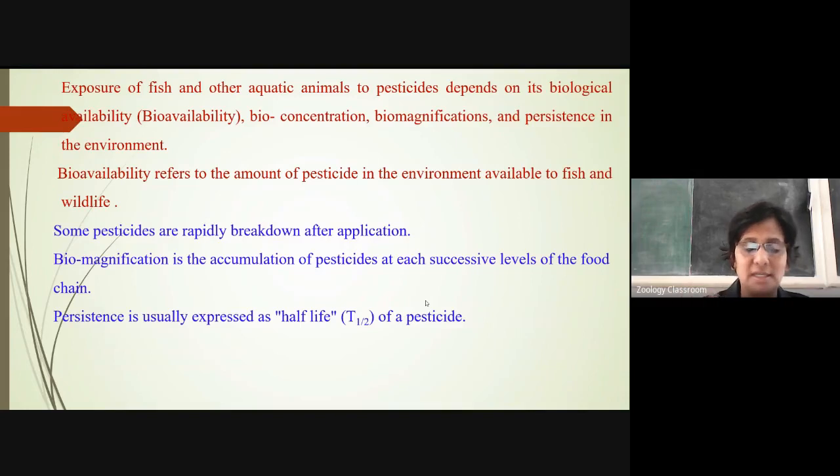Persistence of pesticides refers to the length of time that a pesticide remains in the environment. That depends on how quickly it breaks down or degrades, which is largely a function of chemical composition and the environmental conditions.